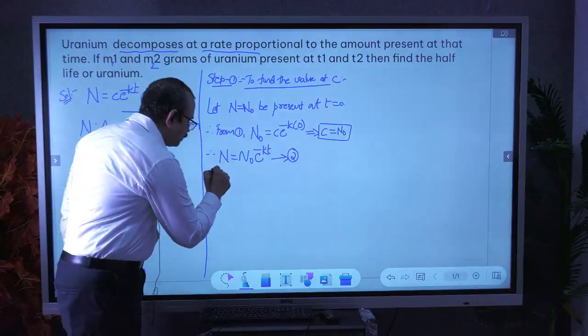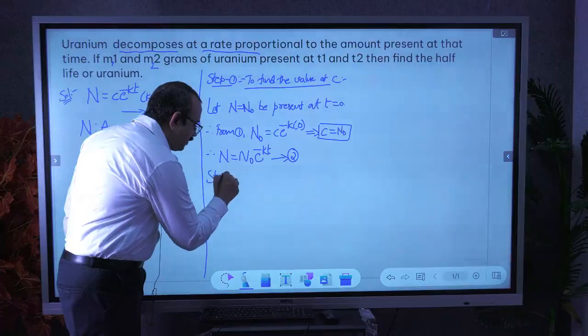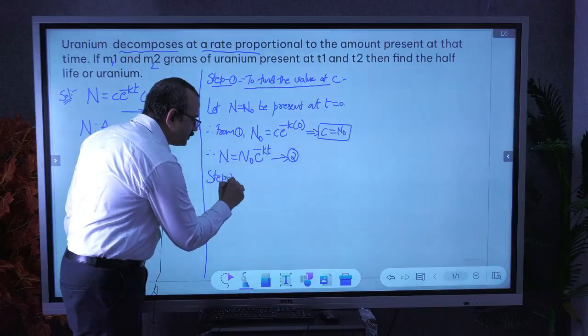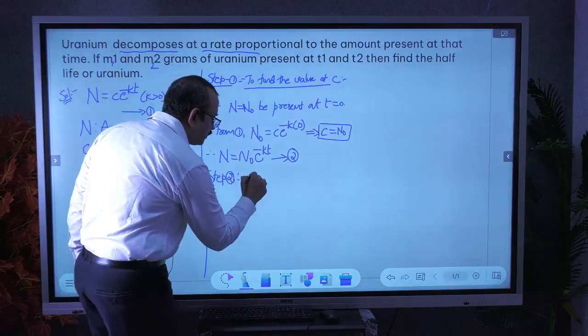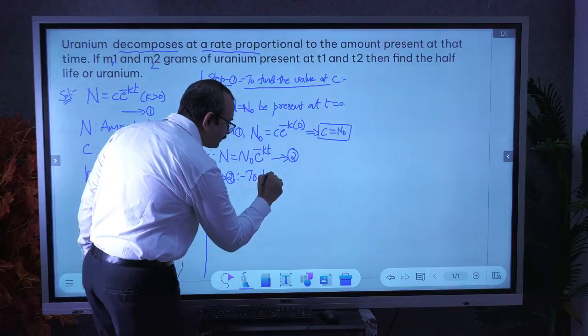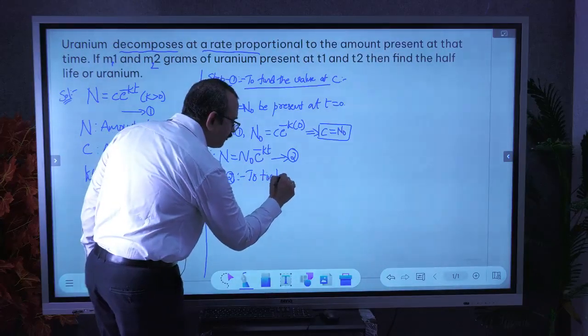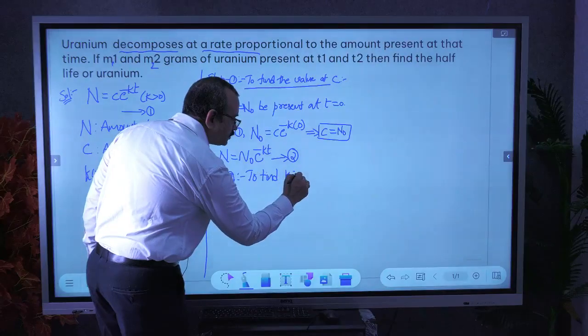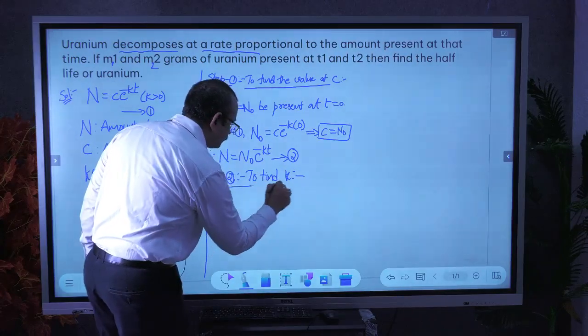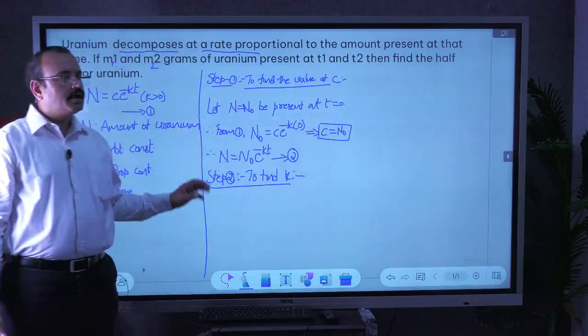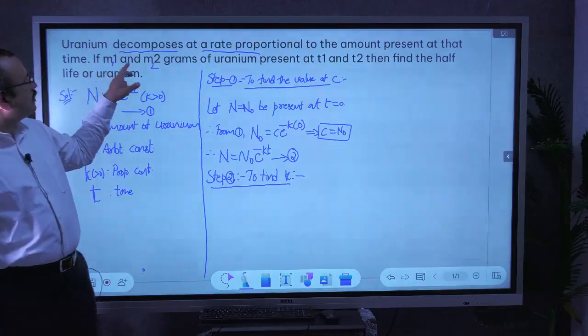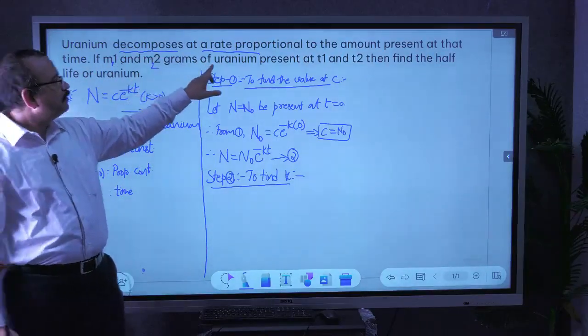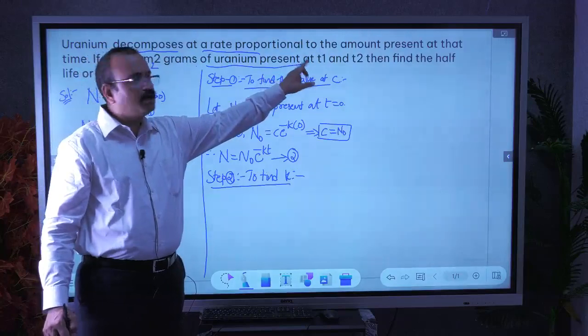In step 2 we find the value of the proportionality constant K. For this, one condition is given. It is given as M1 and M2 grams of uranium present at T1 and T2.